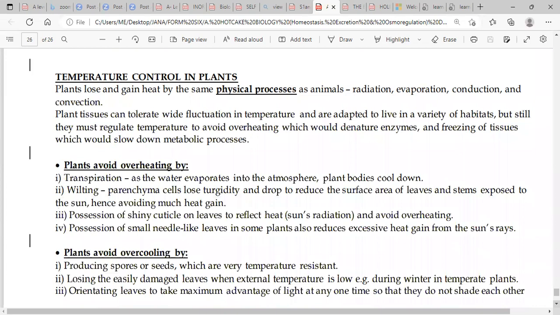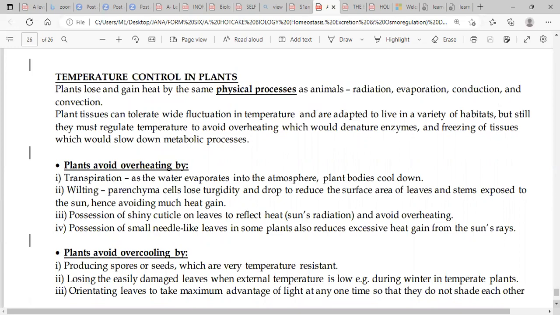We also have temperature control in plants. That is, plants lose and gain heat by the same physical processes as animals. They do not change. The processes by which plants lose and gain heat are the same, that is through radiation, evaporation, conduction, and convection.